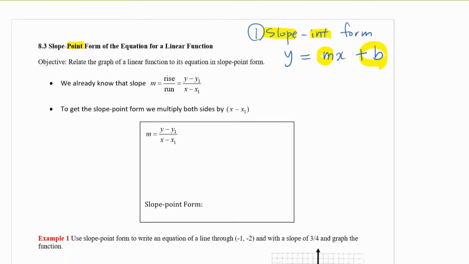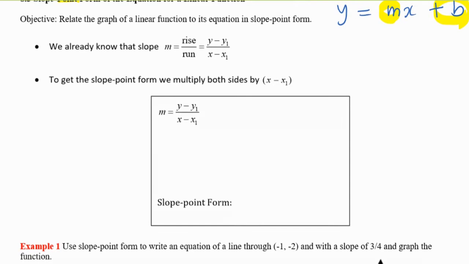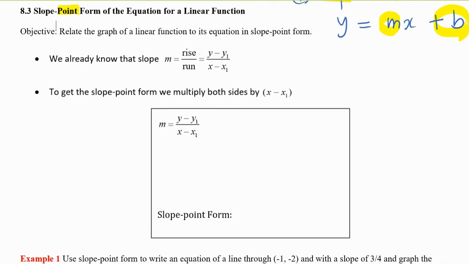Okay? So before we start, I'm going to show you how to make the slope-point form formula. Do you remember the slope formula? The slope formula was change in y over change in x, which is y2 minus y1 over x2 minus x1.